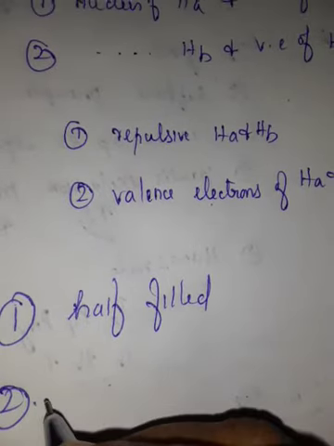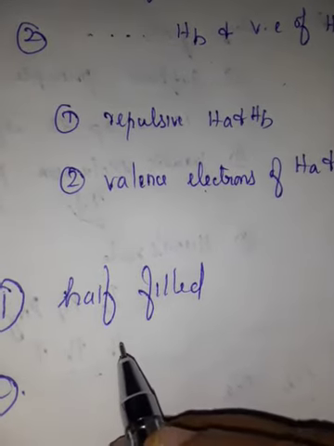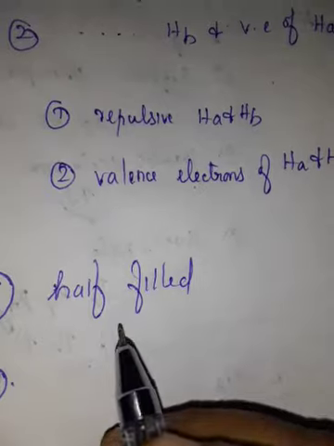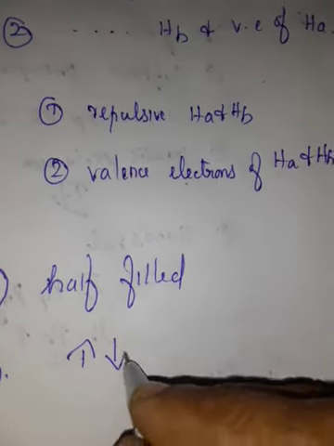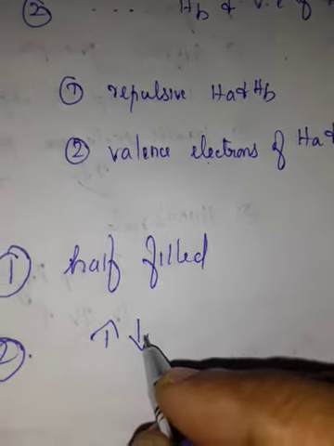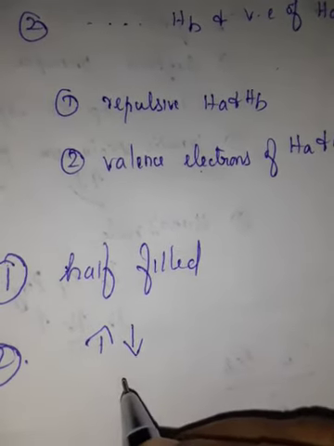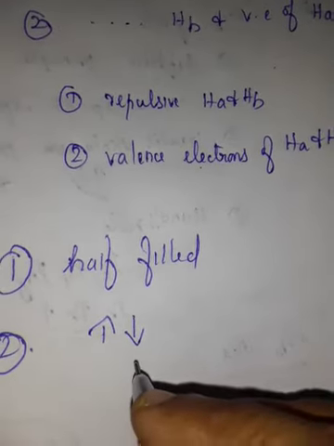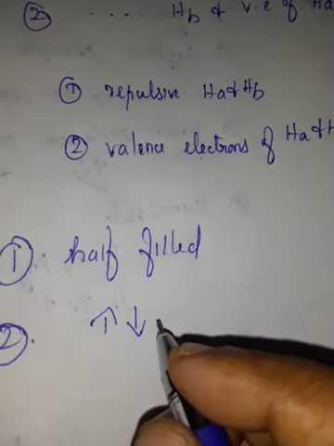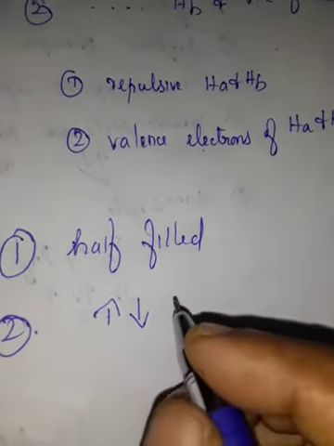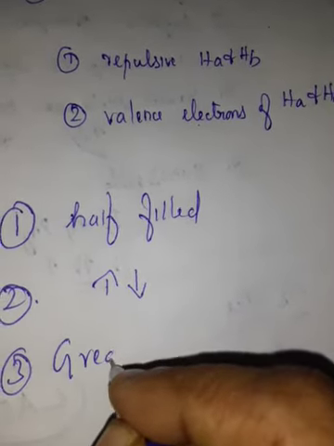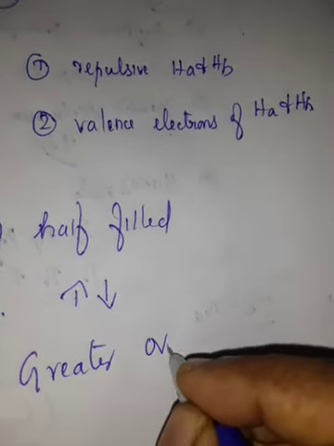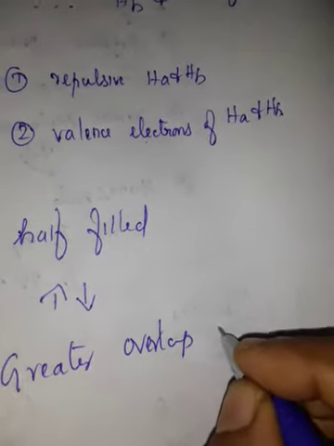Number 2, the resultant overlapping orbital is occupied by two electrons with opposite spins, one clockwise, the other anti-clockwise. Number 3, the strength of a covalent bond depends upon the extent of overlap. So, the greater the overlap, the stronger the bond.